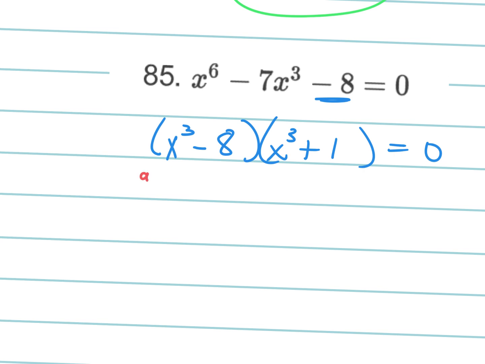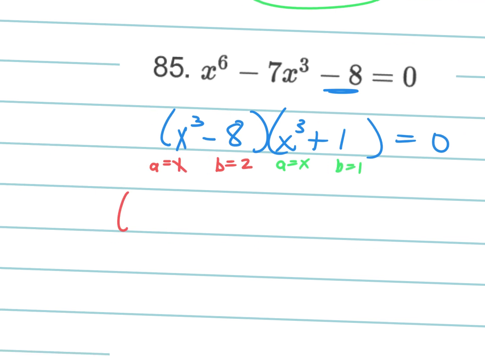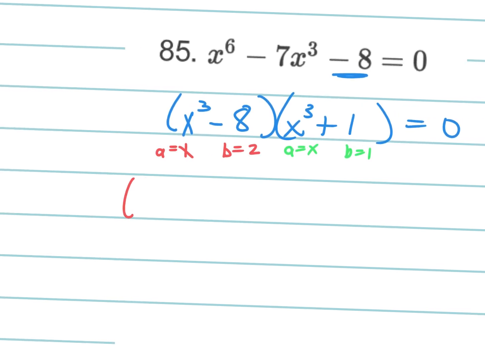So in this one, my A term is 1x and my B term is 2. And in the second parenthesis, my A term is 1x, and my B term is positive 1. So when I factor this out, my difference and sum of cubes pattern, it would be x minus 2, and then I square the first term, x squared.